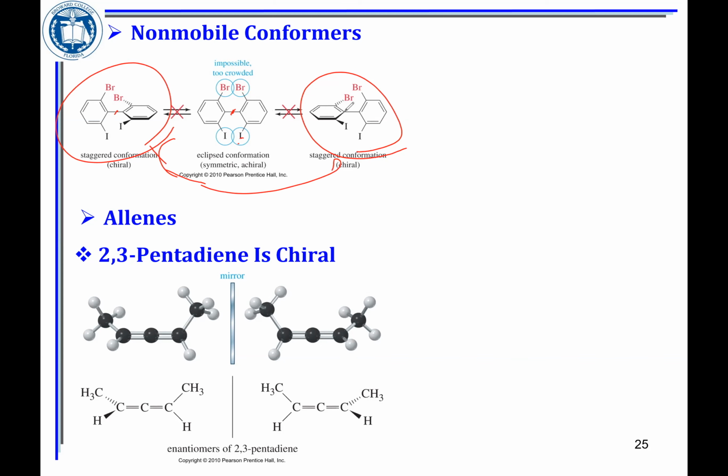Another case, and these are not very common, okay? They are not very common. I said like 90% of the time you have a chiral center and you have a chiral compound. Another exception is allenes. Allenes are molecules that have 2 consecutive double bonds, so you have a C=C double bond, C=C double bond.